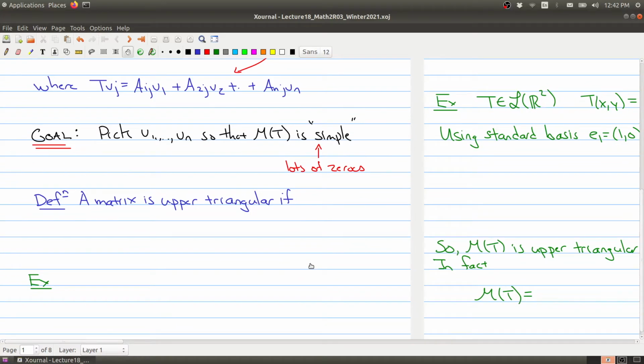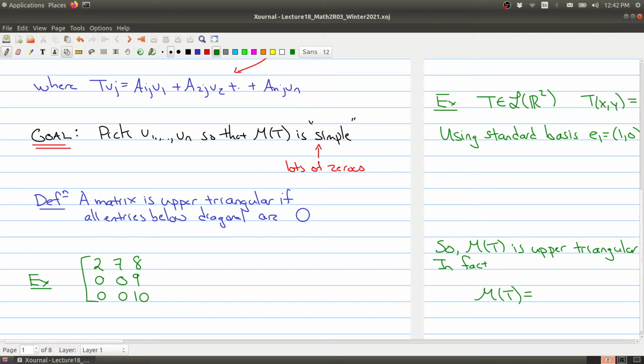This is something you may remember from Math 1B03. A matrix is upper triangular if all the entries below the diagonal are 0. As a quick example of an upper triangular matrix, I could have something like 2, 7, 8, 0, 0, 9, and 0, 0, 10.